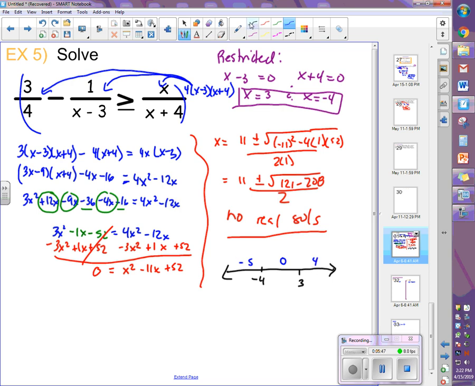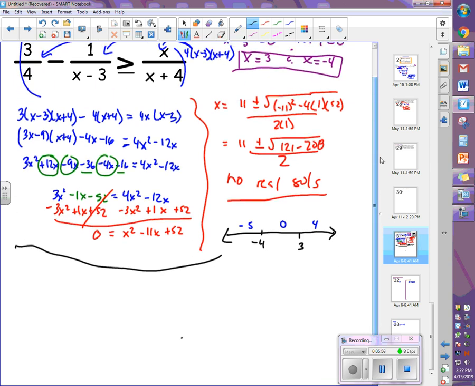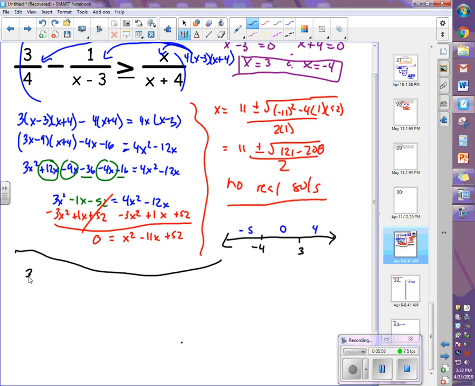And use those as test points with the original equation or inequality, which says 3 over 4 minus 1 over x minus 3 greater than or equal to, alrighty. So I'm using -5 first for all my x's.